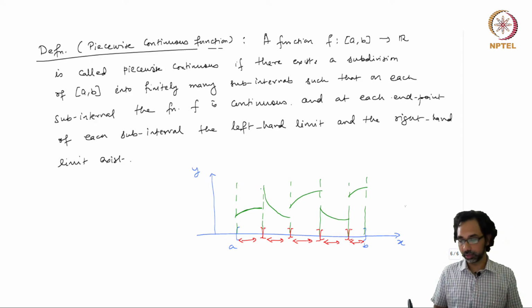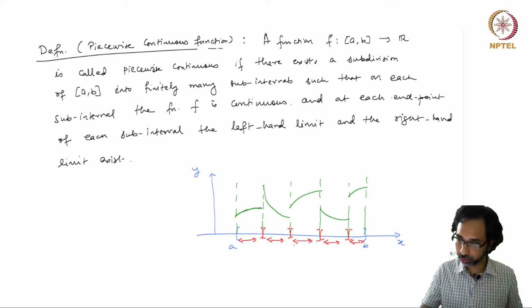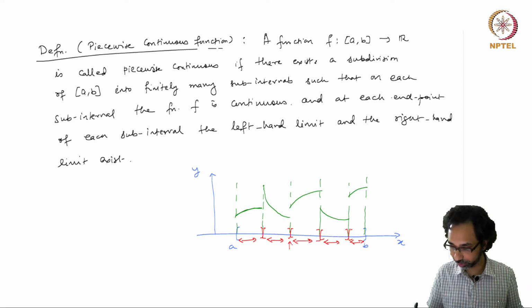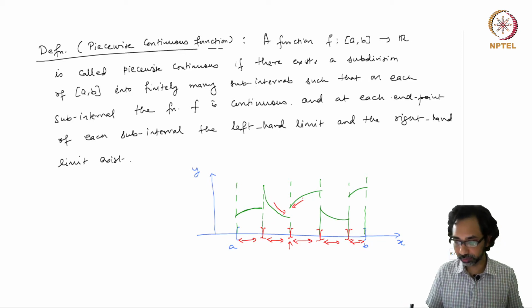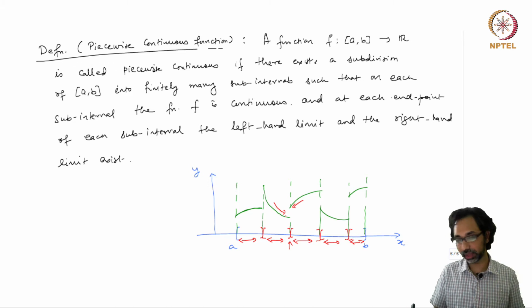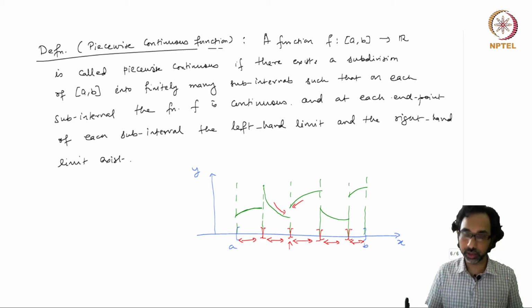Okay. So on each subdivision it is a continuous function, and when you approach any endpoint, let's say this one, if you approach it from the left and you approach it from the right, the limits exist, but they may not be equal. In case of a continuous function, they were equal, and they were also equal to the value of the function at this endpoint, but here they may not be equal.